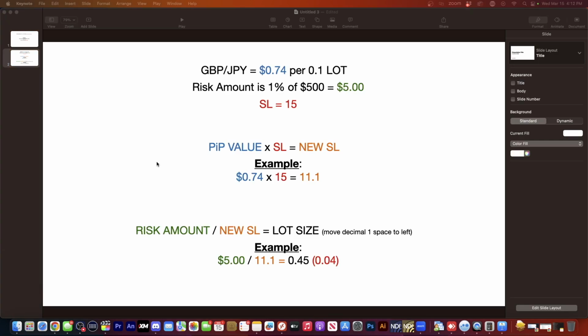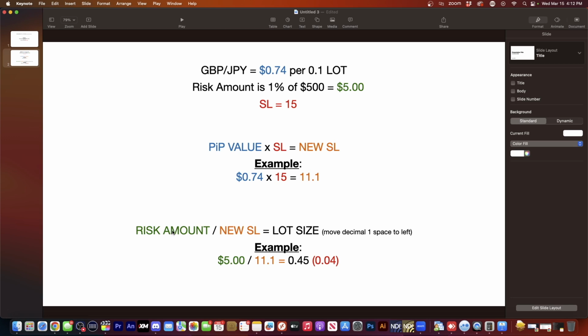Now, if we're looking at different pairs with different values, the formula for that will be our pip value multiplied by our stop loss, which will give us our new stop loss. For example, 0.74, which is the pip value per 0.1 lot for GJ, times 15, which is our SL, will give us our new stop loss.